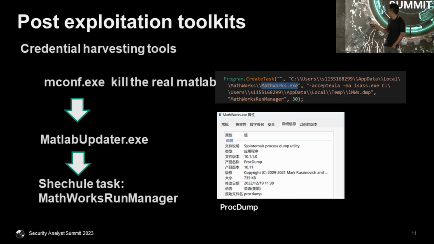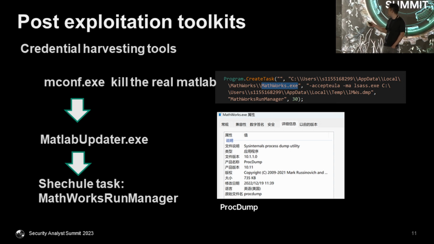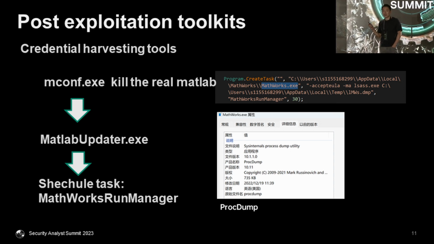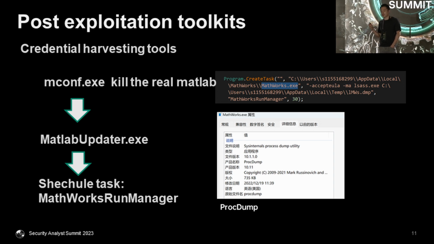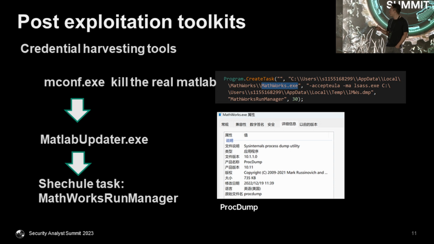And then it will start ProcDump every 30 minutes. So it's quite a long execution chain. I think that's a little weird. In my opinion, if a hacker wants to hide its operation, it should run as few files as possible. But this Patchwork threat actor uses 2 or 3 files to run just a simple function.